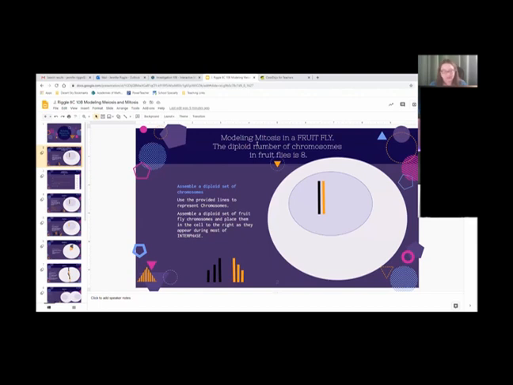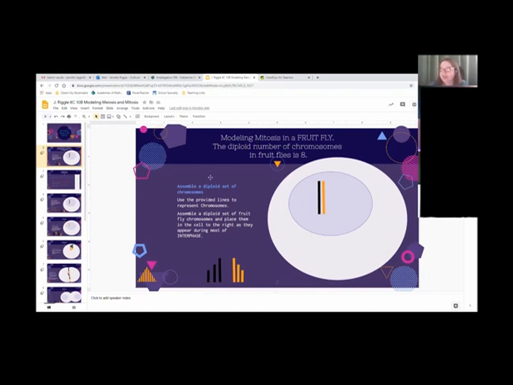The diploid number of chromosomes in fruit flies is 8. In this investigation, you will simulate mitosis and meiosis in fruit flies. Through modeling, you will learn how fruit fly sex cells end up with only 4 chromosomes.